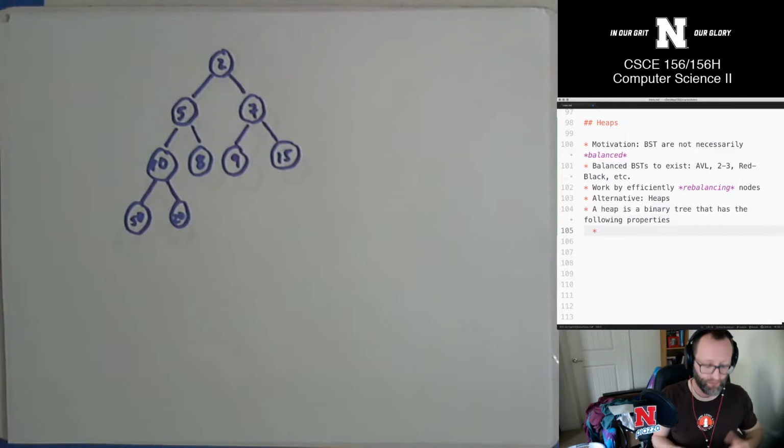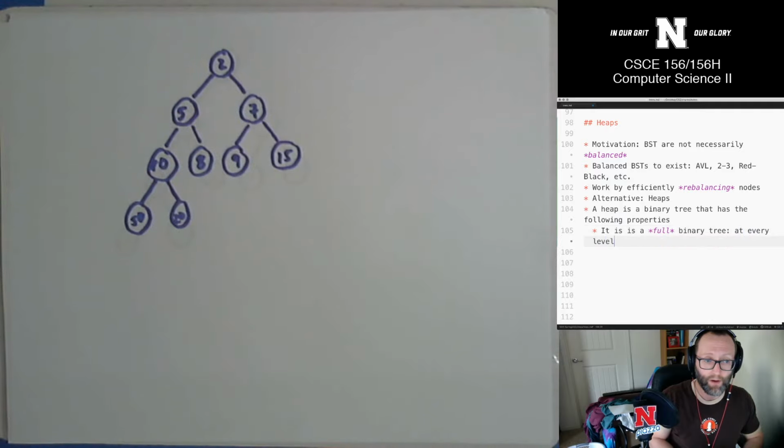Sometimes some authors will separate it out into 3 properties. First, it is a full binary tree. That means that at every level, every node is present, except possibly the last row, which is full to the left.